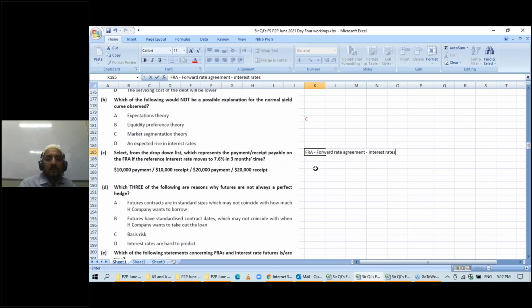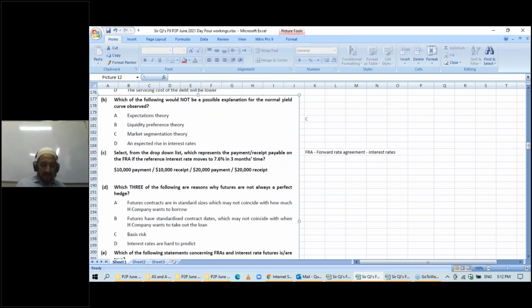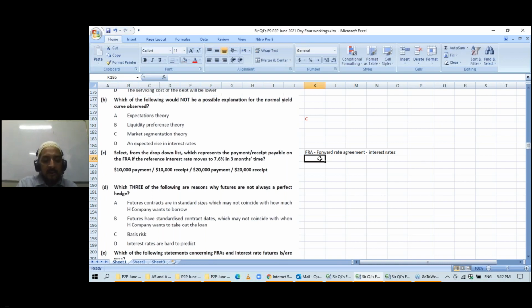In this case, the rate is 7.6, which means that the actual rate after 3 months time is 7.6, and the FRA is asking for 7.8%, right?